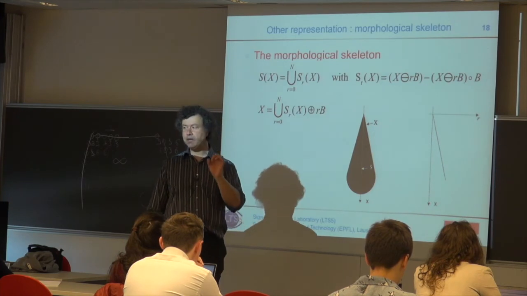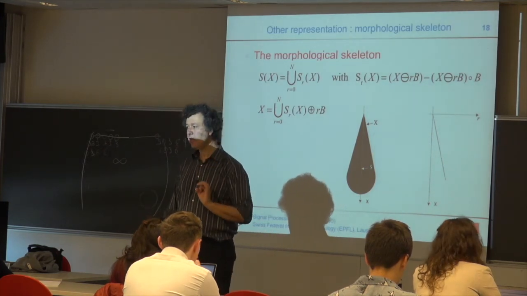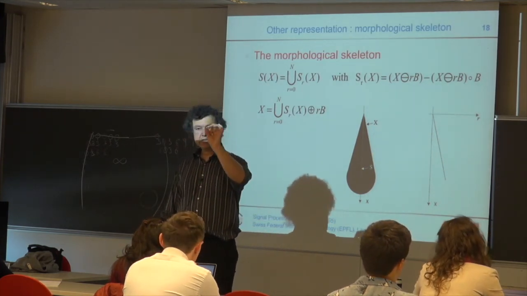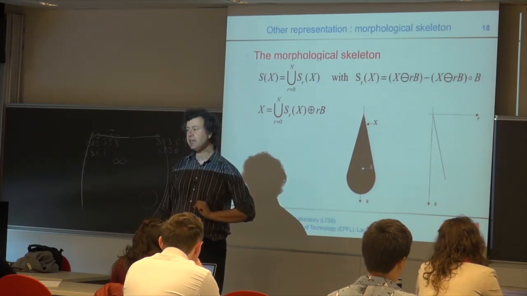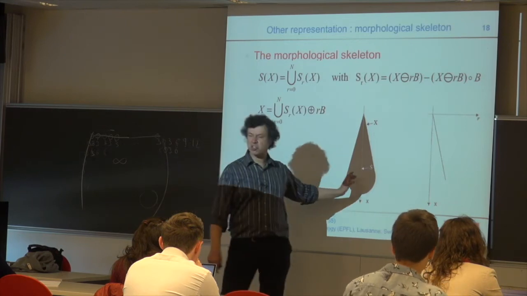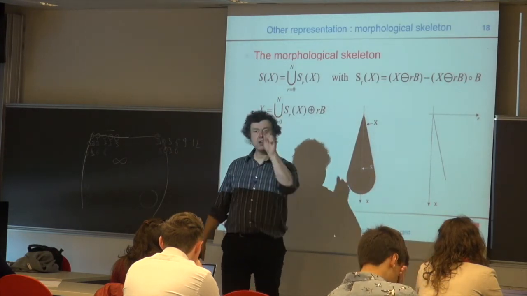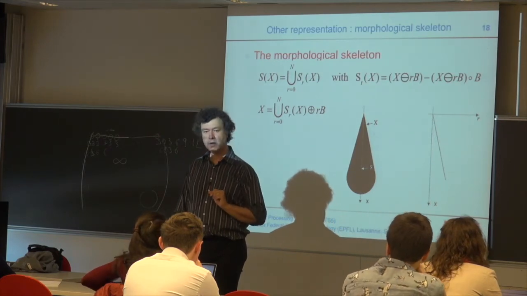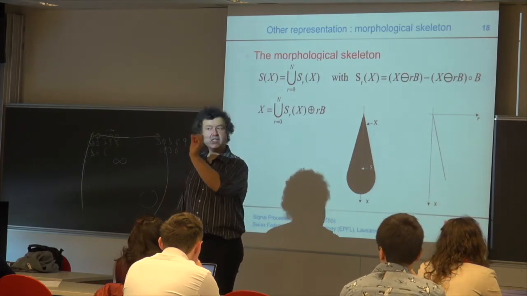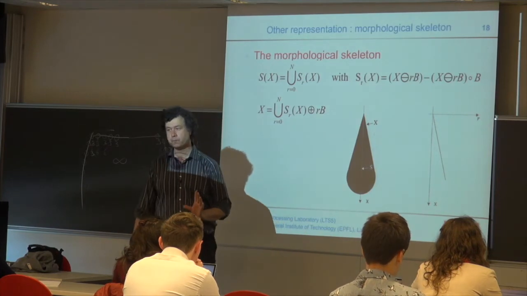What is b? As usual, b is a small structuring element. I take something very small, a very small ball, with the minimum radius I can. On a digital image, let's say a 3 by 3 cross or a 3 by 3 square, but in continuous terms, it's a very small ball. Circle.